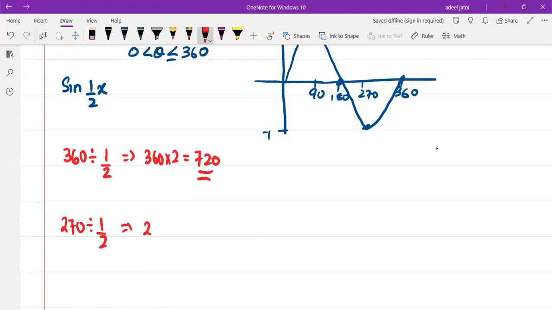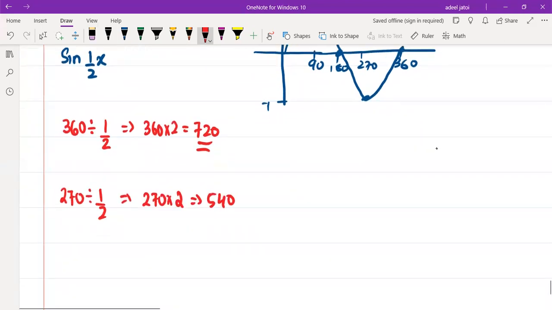This will be 270 multiplied by what? 2. This should be 5, that means your minimum value will come at what? 540. Your 180 divided by half will be what? 180 multiplied by 2. That means your 0 value from 0 to 0 will end at what?